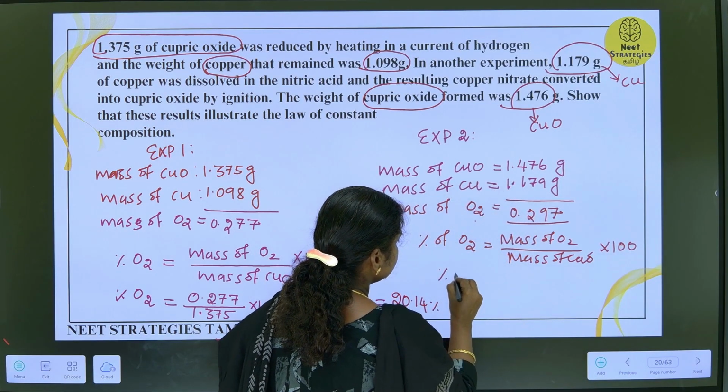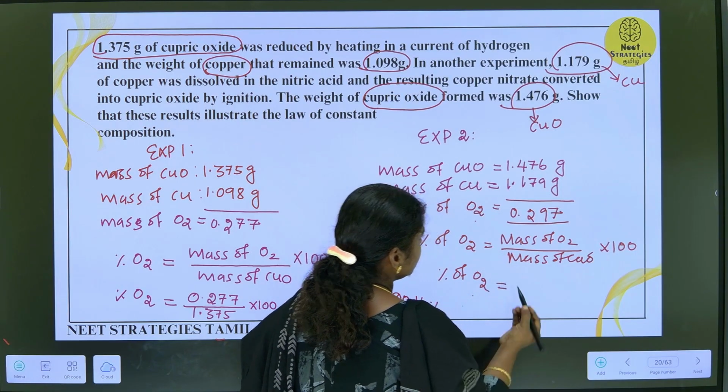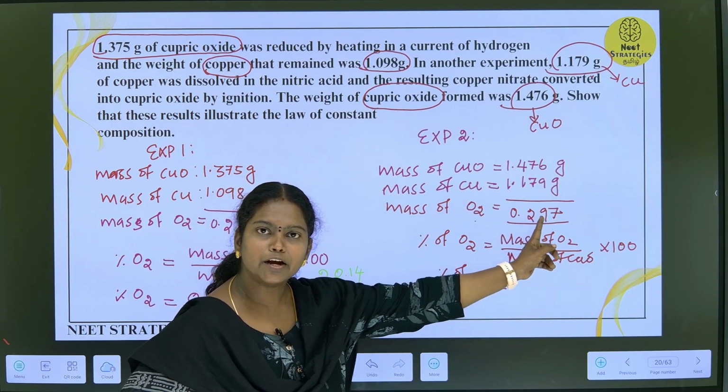So அப்ப percentage of oxygen become equal to mass of oxygen எவ்வளவு கொடுத்திருக்காங்க? 0.297.